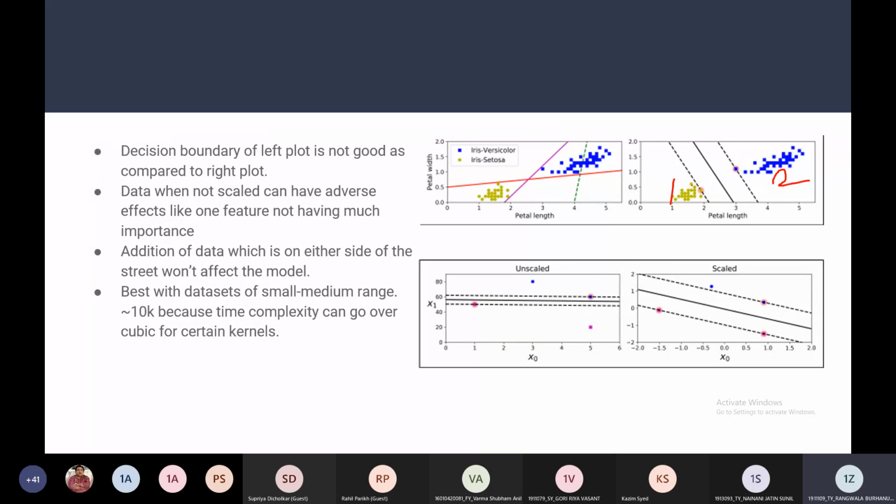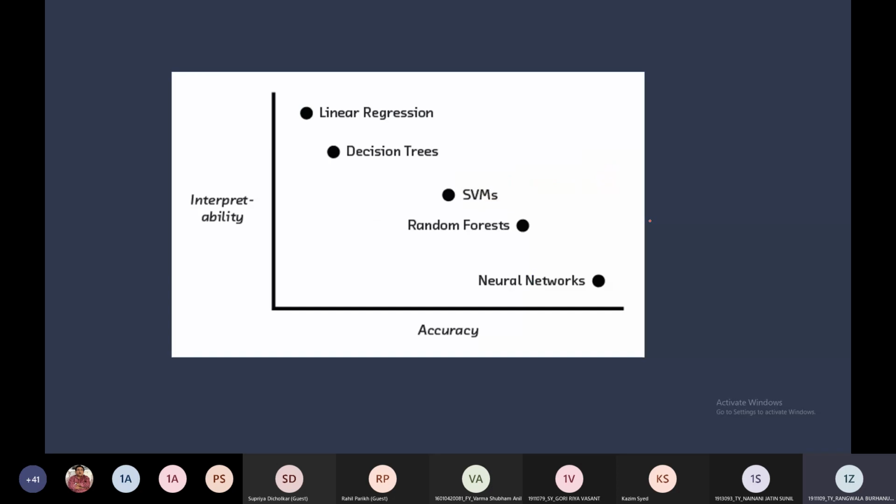Since the width of the margin only depends on the two support vector instances, the addition of any data that is far behind, somewhere over here, won't affect the width of the street at all. So you can optimize your data sets in a way that they can be fitted to SVMs, and this can make your models train much faster.